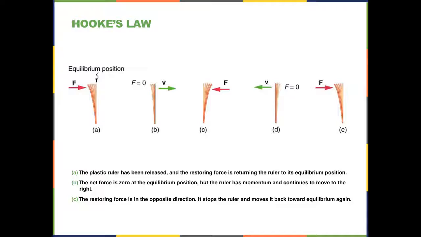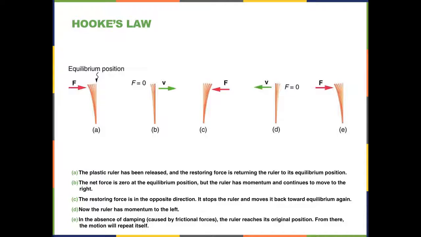Again, it reaches a certain point and it has a velocity again, and it continues to move back and forth. Now, if there were no friction or other real world forces acting in addition to this force, this would go on forever, back and forth in a perpetual motion. But obviously that doesn't occur.